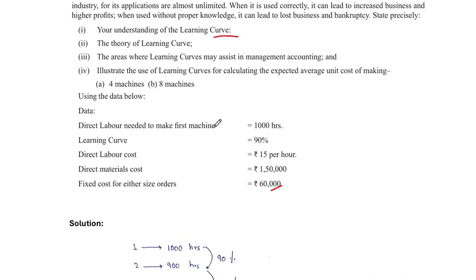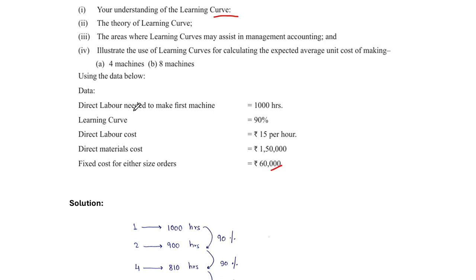In the question it is given direct labor needed to make the first machine is 1000 hours. That means to make the first machine, time taken is 1000 hours, so A is equal to 1000 hours. Learning curve is 90%.